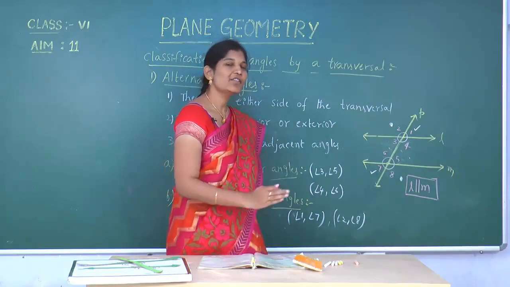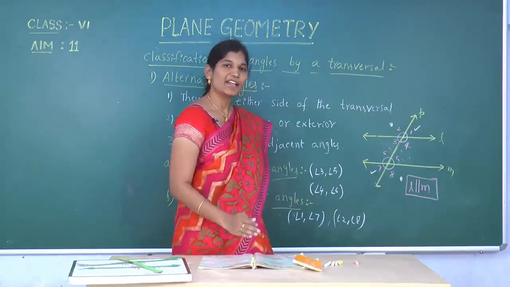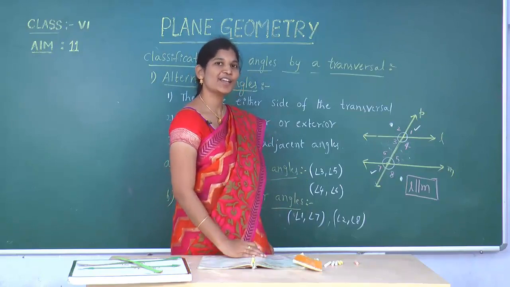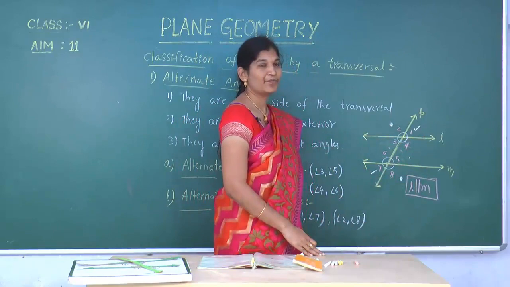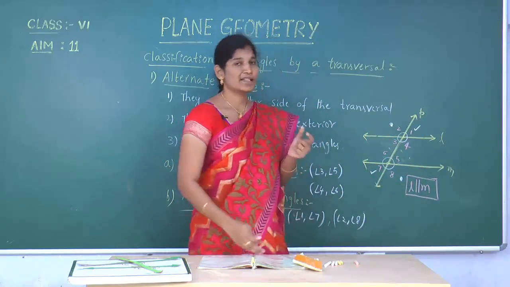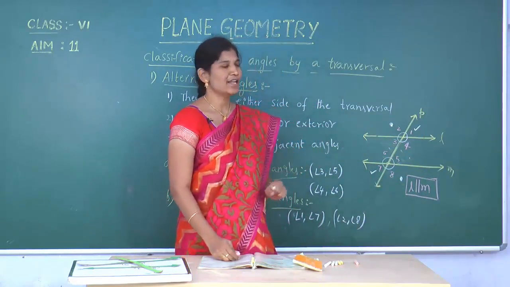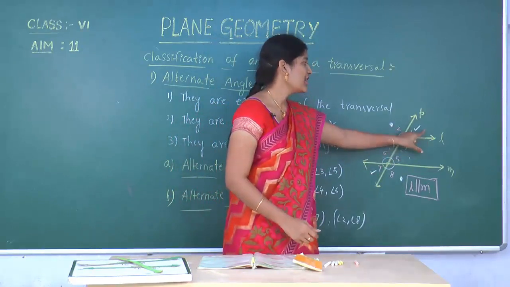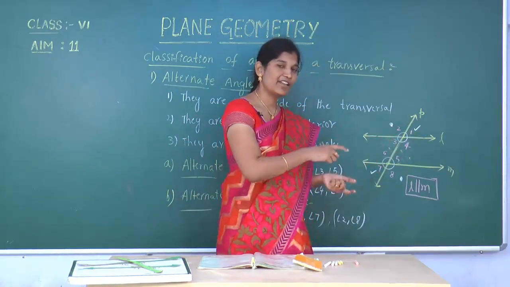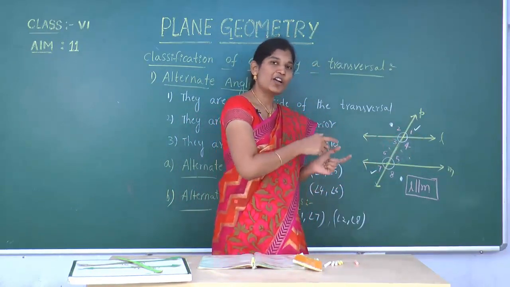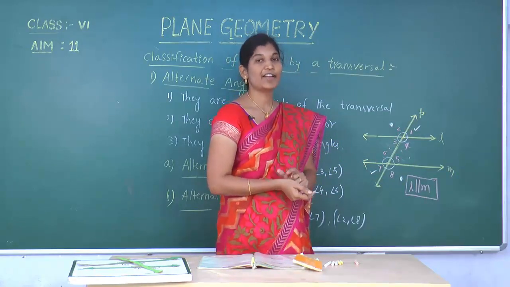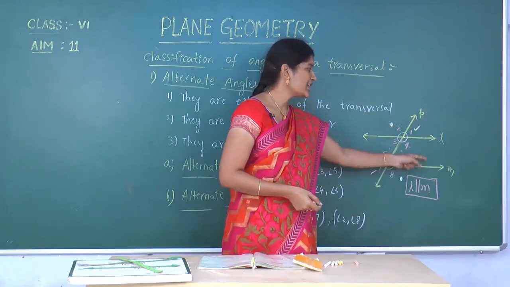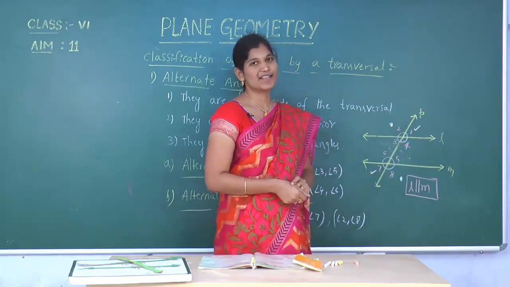Especially interior alternate angles are equal and exterior alternate angles are also equal if these two lines are parallel. And conversely, if alternate interior angles or alternate exterior angles are equal, we can say those two lines are parallel to each other.